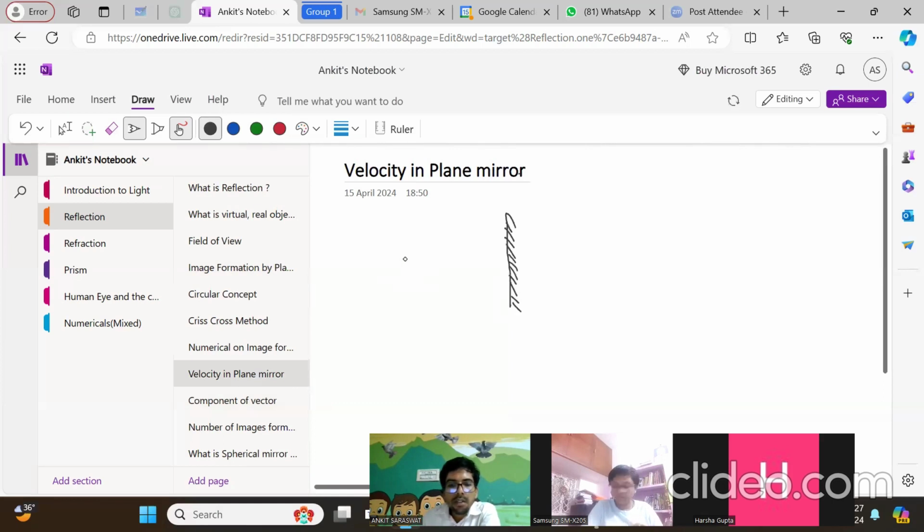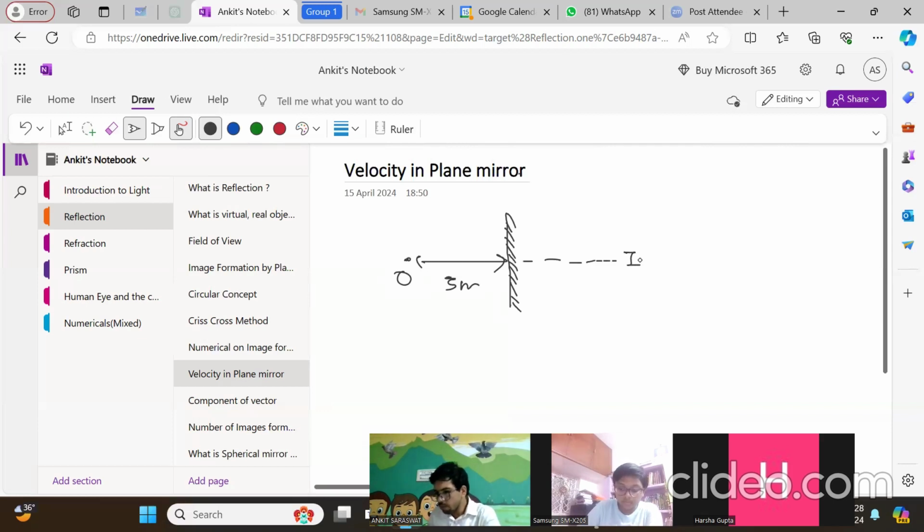This is the plane mirror. What is the characteristic of a plane mirror? If you place any object 2 meter or 5 meter from the mirror, then its image will be 5 meter back.